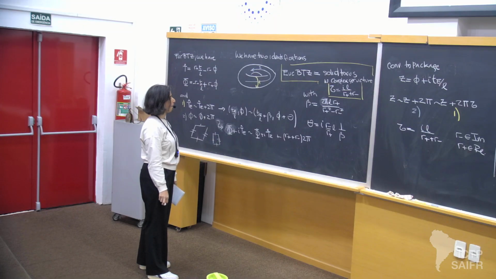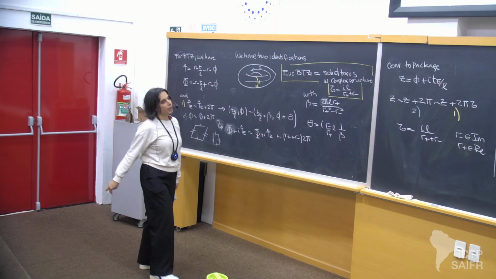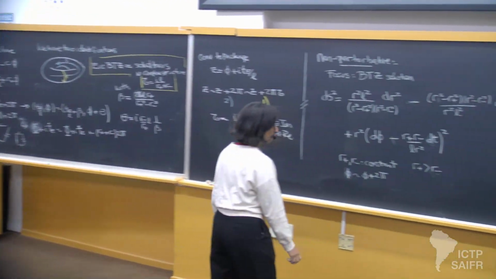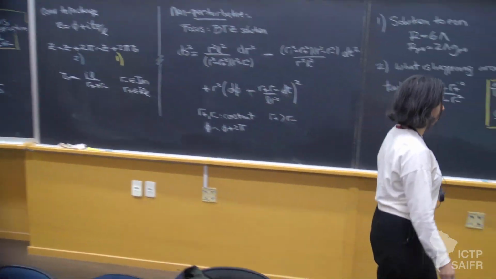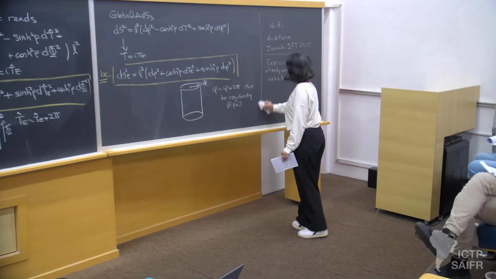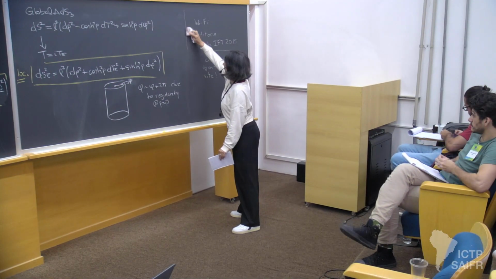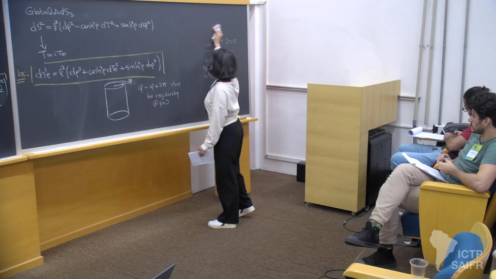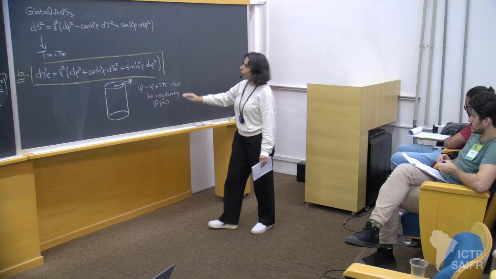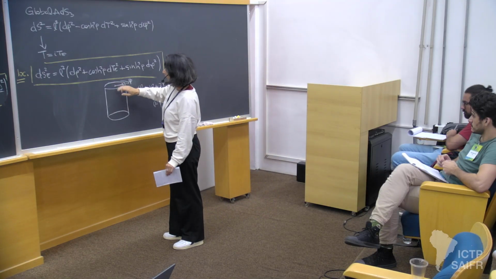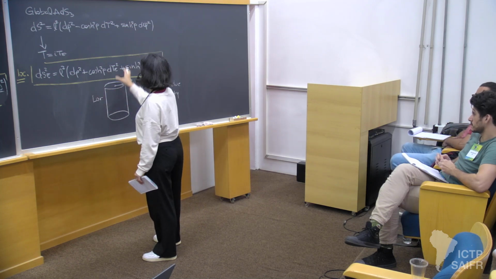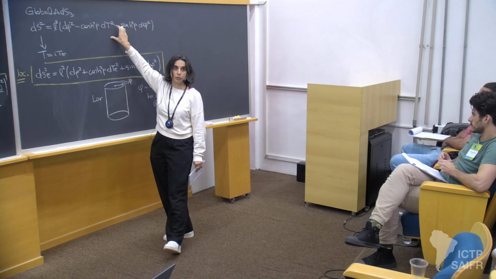Okay? Now let's go back to the global AdS picture, because there's still one more thing I can say here. This was a drawing of the Lorentzian geometry. The solid torus was depicting this geometry.